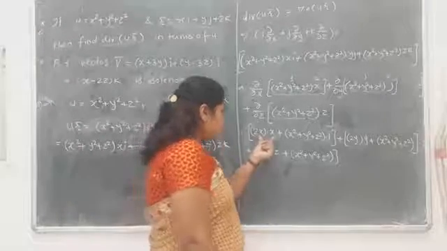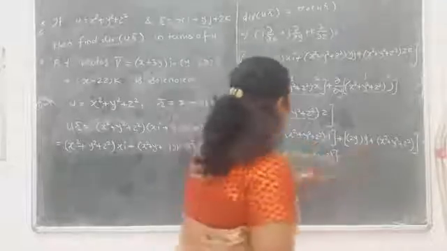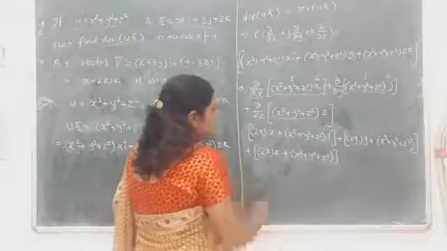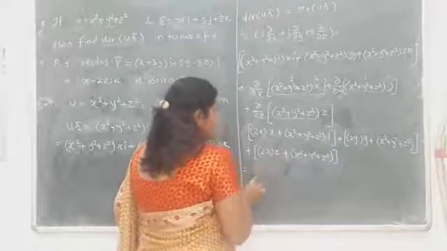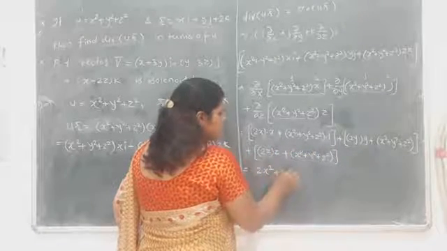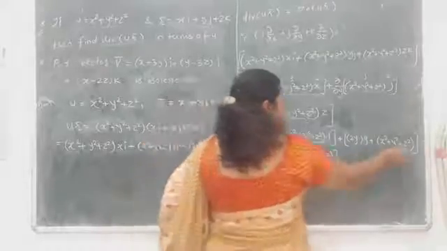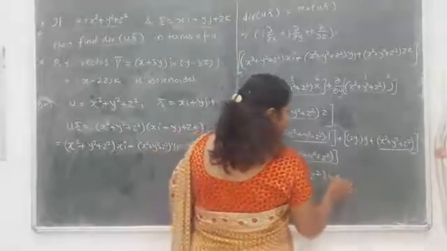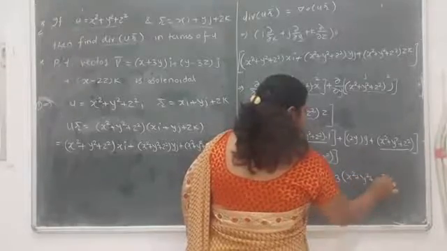So here we get 2x square. This whole bracket comes 3 times here, so x square plus x square plus x square becomes 3 times, and there is 2x square, 2y square, 2z square. So we simplify that: we write 2x square plus 2y square plus 2z square, as this term comes 3 times, so we write here plus 3 into (x square plus y square plus z square).